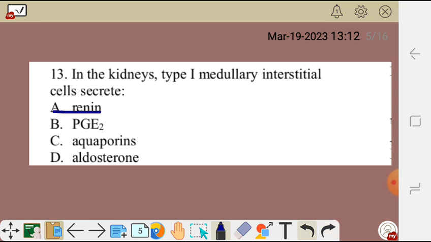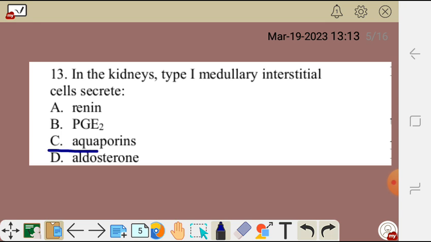Renin is secreted by the juxtaglomerular cells, which are also called granular cells, so renin is not produced by type 1 medullary interstitial cells. Aldosterone is also not produced by these. Mostly it is produced by the adrenal gland, by the zona glomerulosa cells in the adrenal cortex.